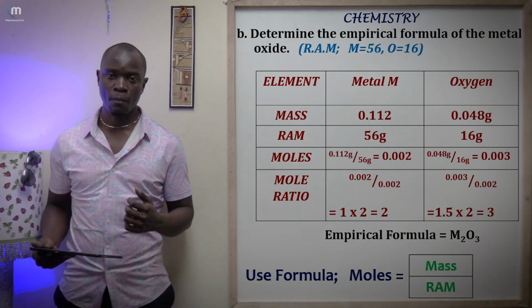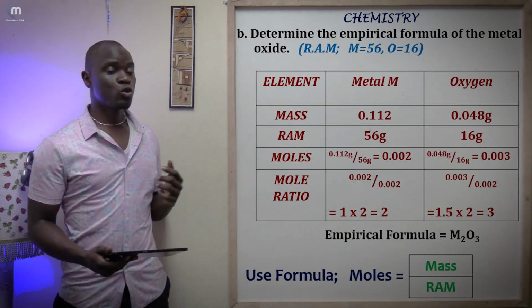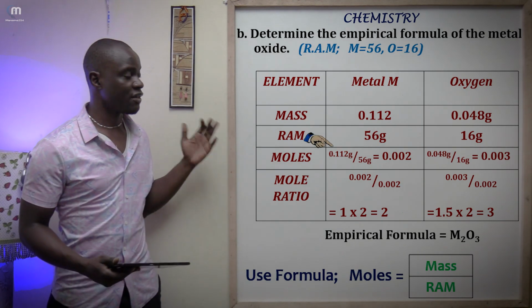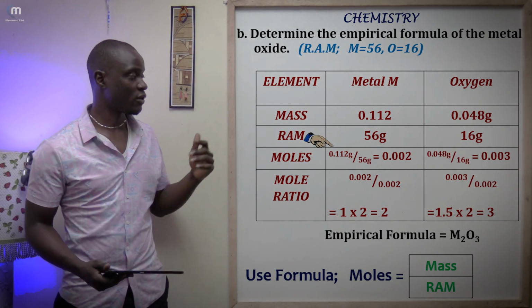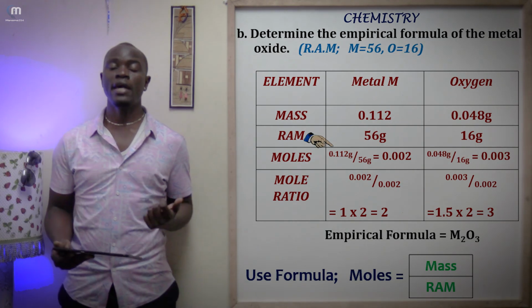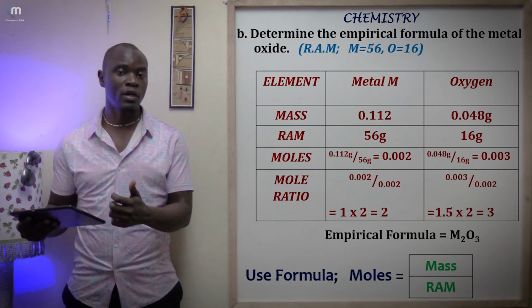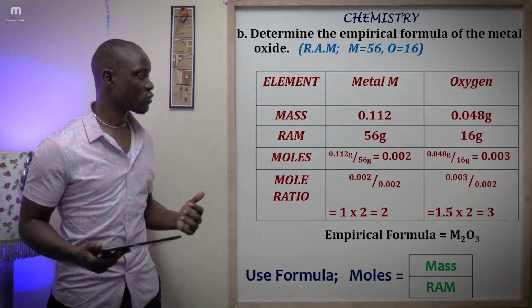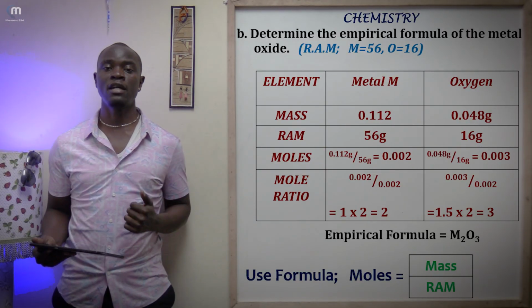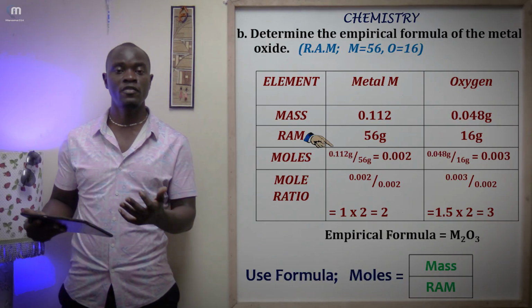For instance, for metal M, what we have done is divide the mass by the relative atomic mass. The mass of metal M was 0.112 grams. The relative atomic mass of metal M, remember, we have calculated and been given to be 56.